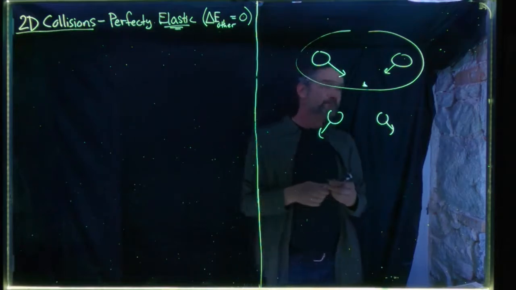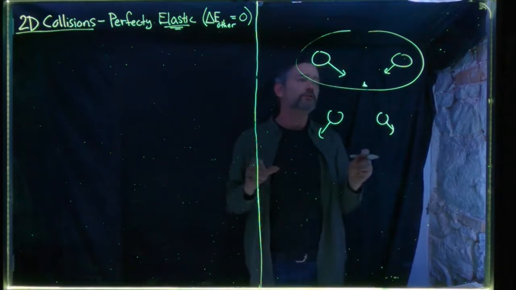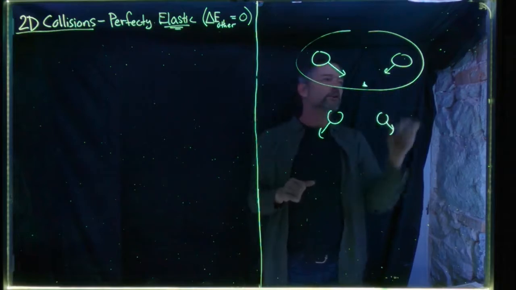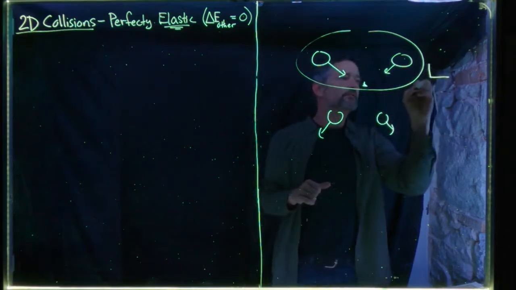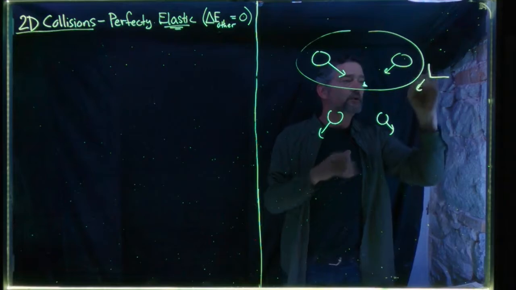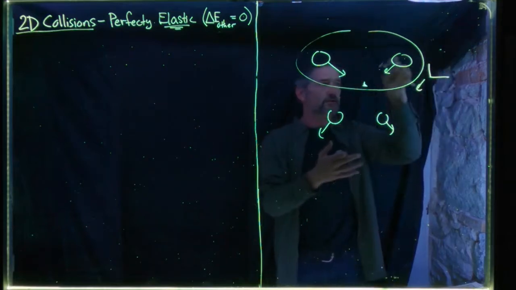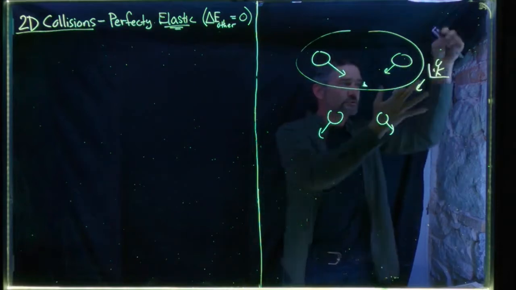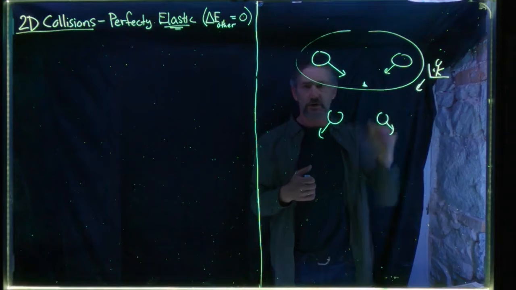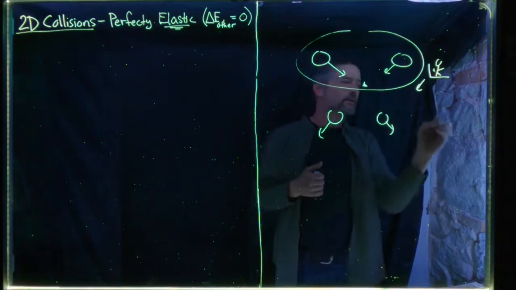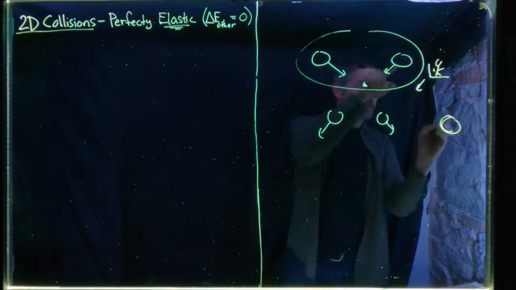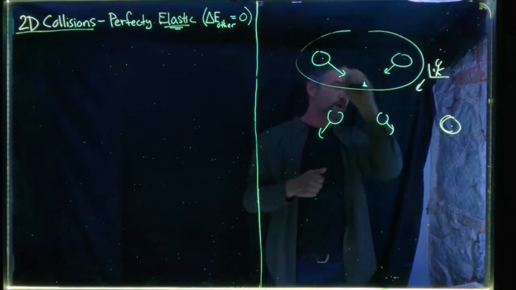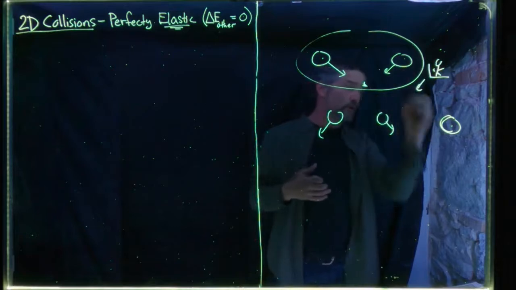For example, if this is the situation in the original inertial reference frame, you can always choose a reference frame which is drifting with exactly the same velocity as this object, so that from the point of view of someone in this inertial reference frame, this object is at rest.